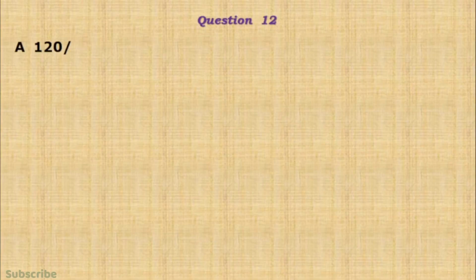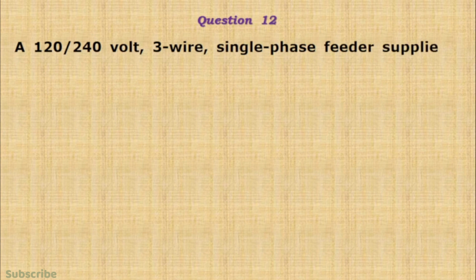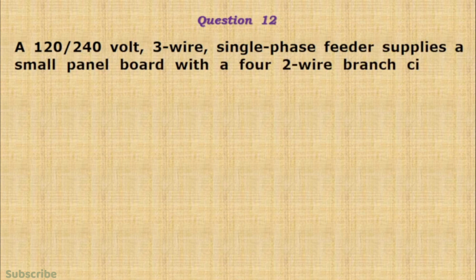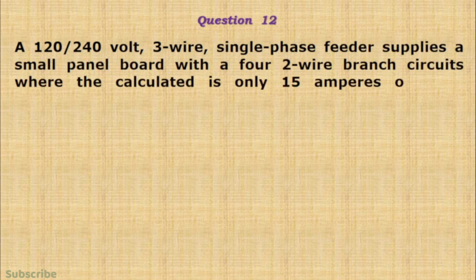Question number 12. A 120/240 volt, 3-wire, single-phase feeder supplies a small panel board with 4 2-wire branch circuits where the calculated load is only 15 amperes on each ungrounded conductor.